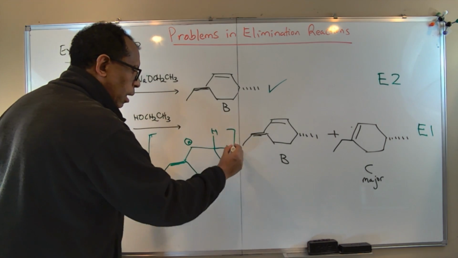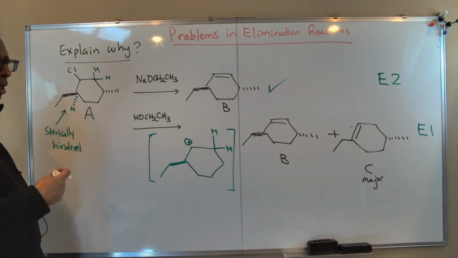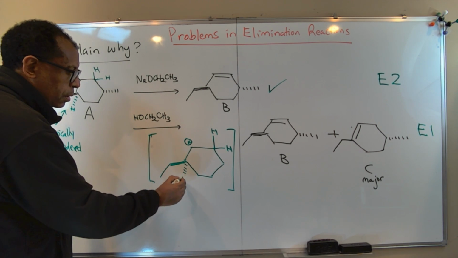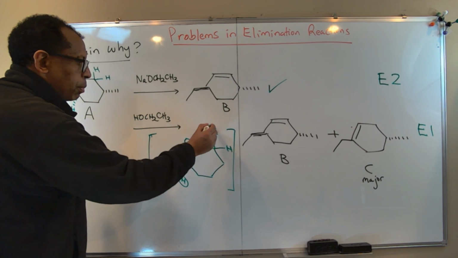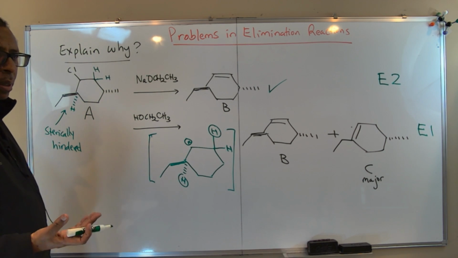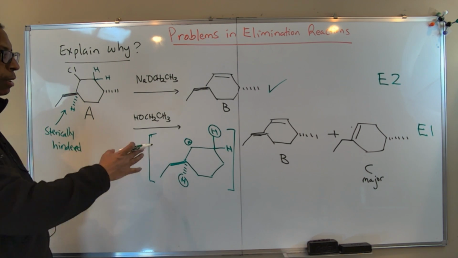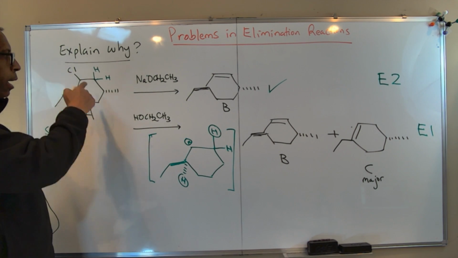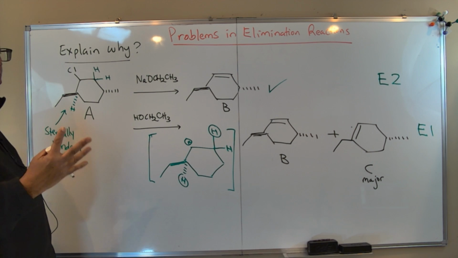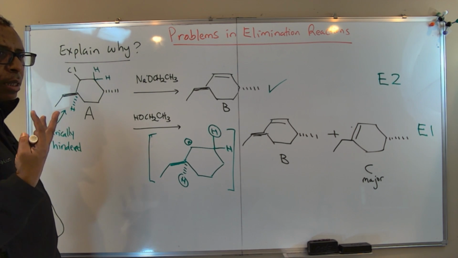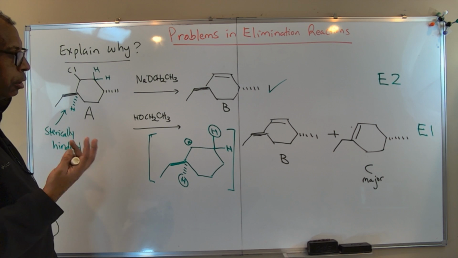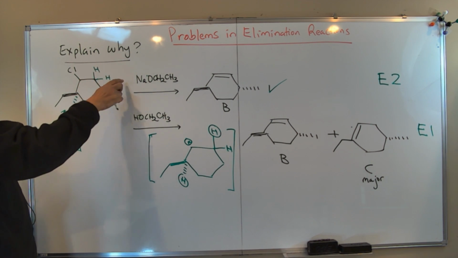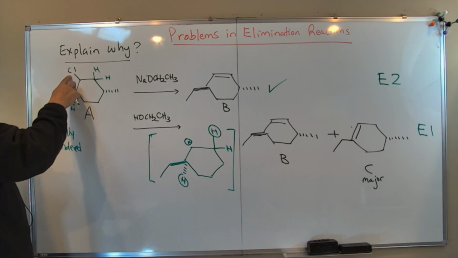So in the fast step, it can abstract this proton or that proton. So it has a choice. The rate determining step, which is the initial removal of the halide, would be less energy demanding. But in the top case, first you have to have the base coming in, and the halide is still there.